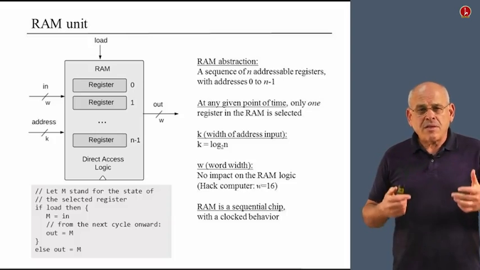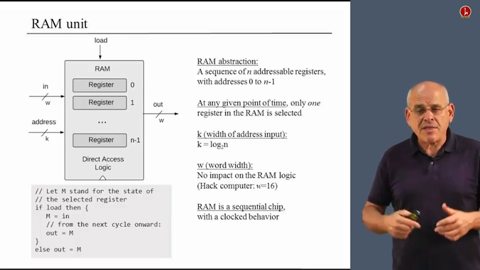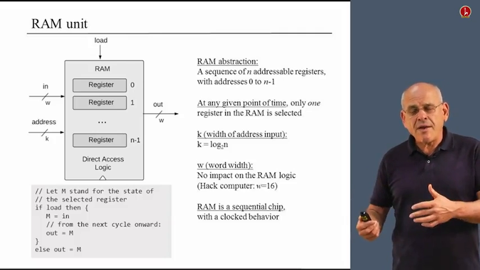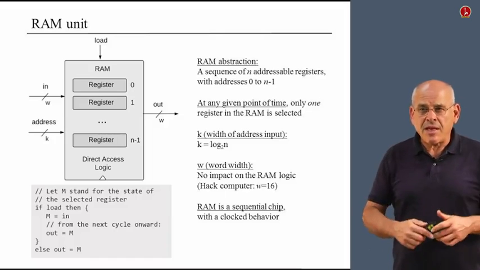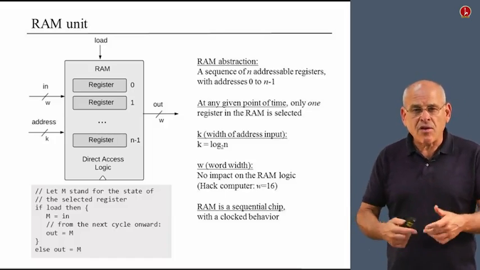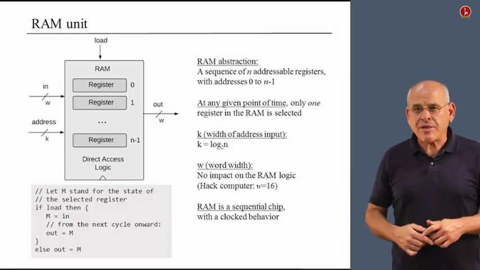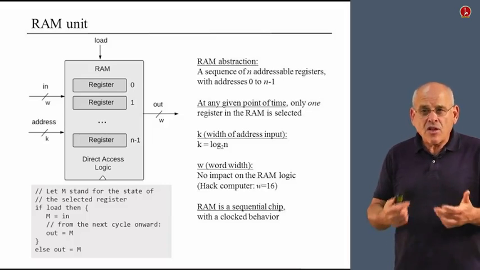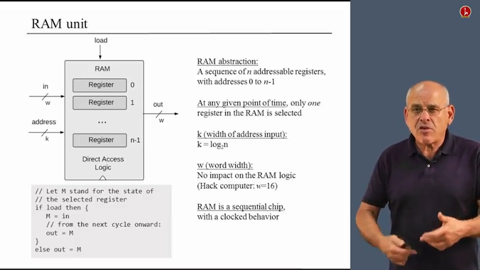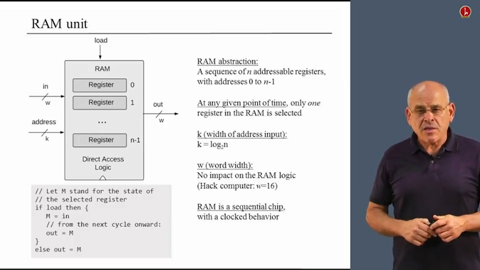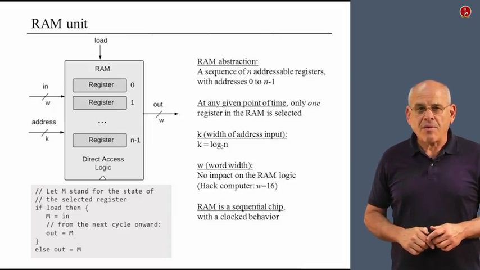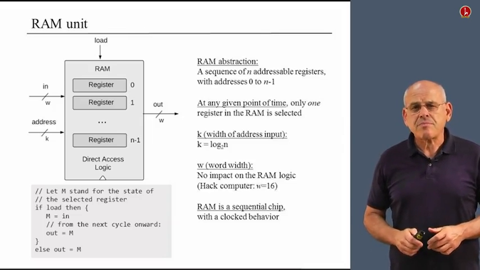If we use the label M to stand for the state of the selected register, then if load equals 1, M becomes in, and from the next cycle onward, the output of this register becomes M as well. And if load is not 1, the output of this register will be exactly as it was before. Okay, so this is the basic functionality of this RAM unit.